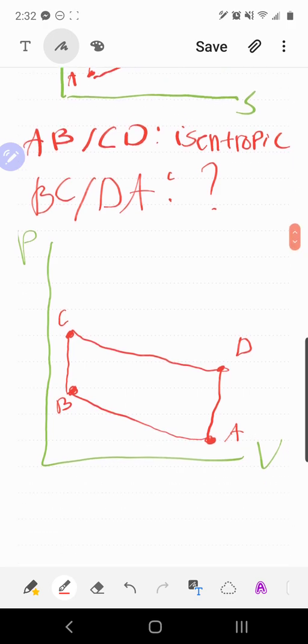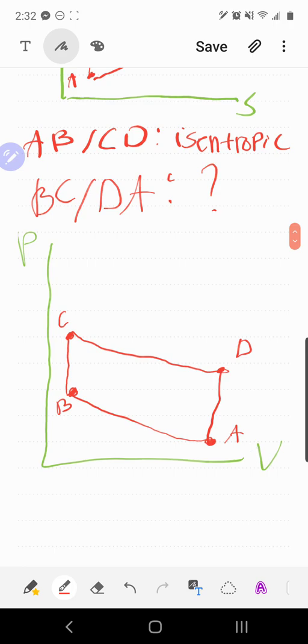So here, we can see that there are two sections where there are constant volume, that being BC and DA.